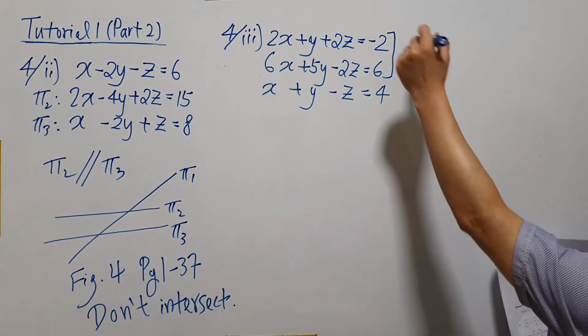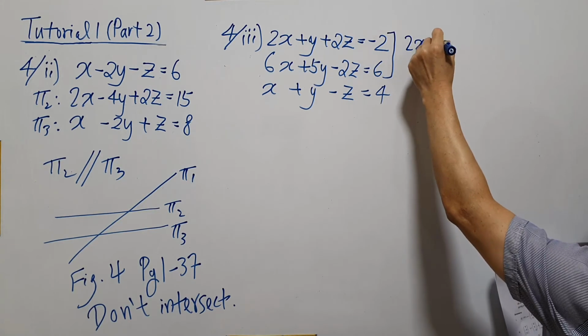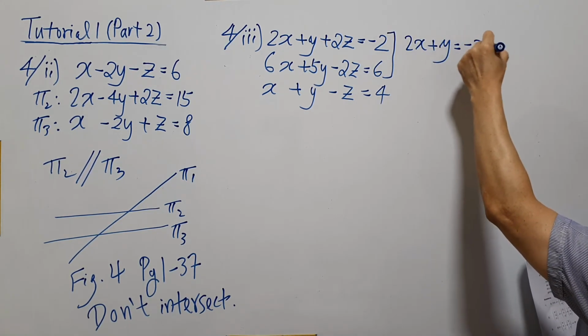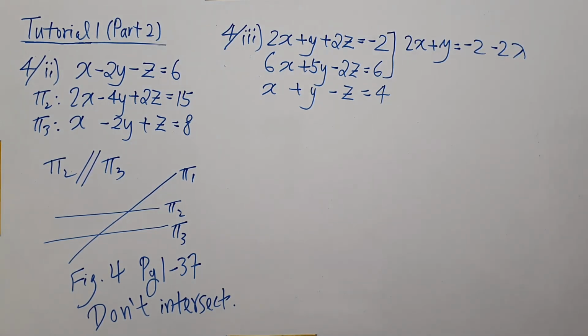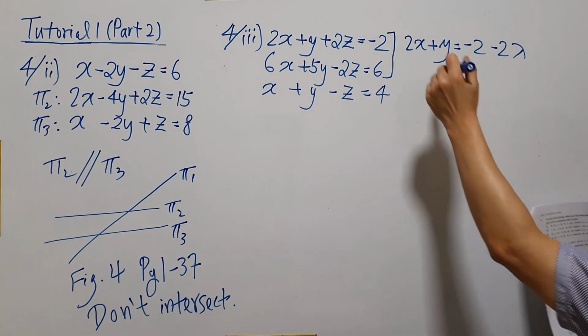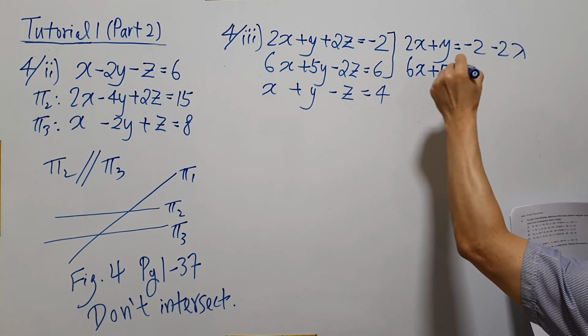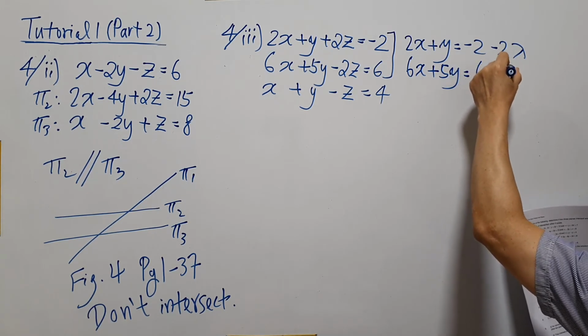So we are going to rewrite this as 2x plus y equals minus 2 lambda, and 6x plus 5y equals 6 plus 2 lambda. So I'm doing the first method.